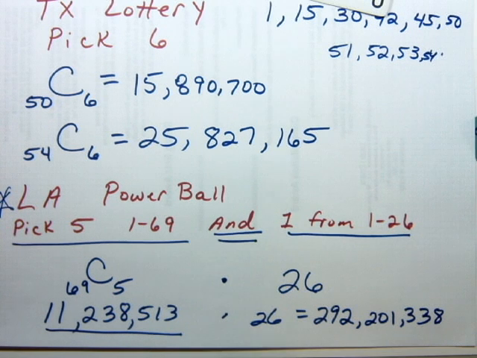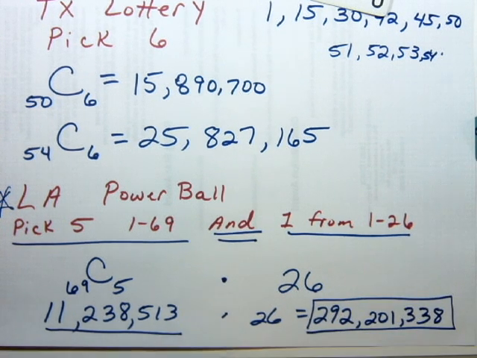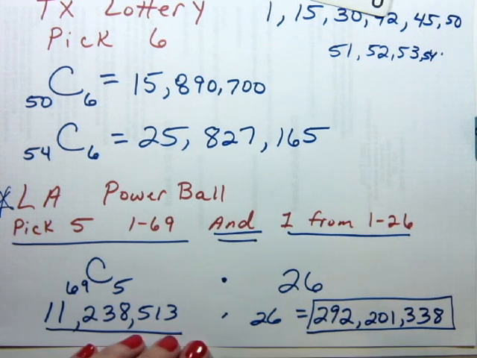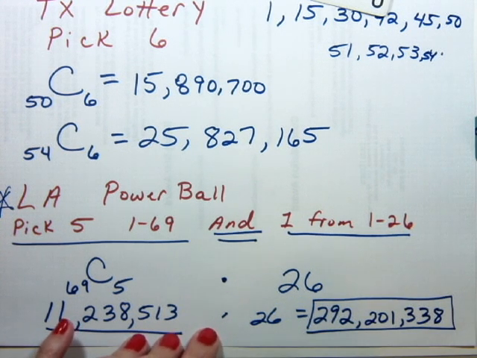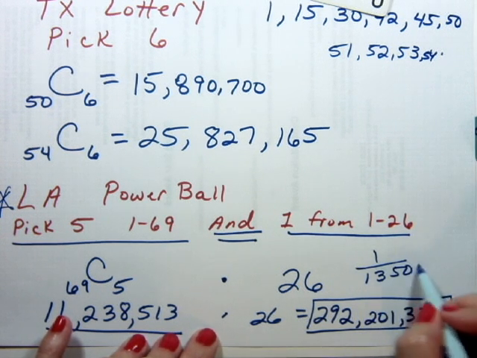It's really late. All right, but I just want to tell you this because I looked it up. Your chances of winning the Louisiana Powerball with one ticket is 1 out of about 292 million. Just so you know, I looked up on the National Weather Service website what your probability of being struck by lightning was in your lifetime, and it's about 1 out of 13,500.